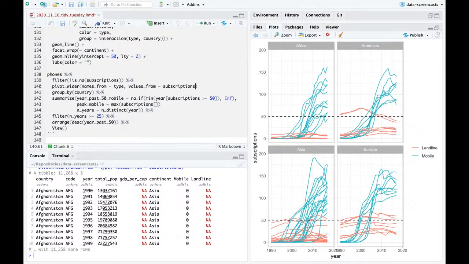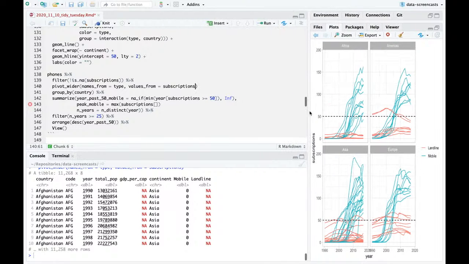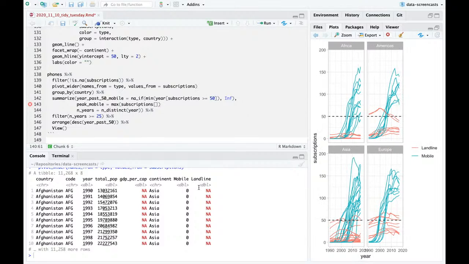And do I fill in NAs? I don't think I fill NAs. No, I shouldn't fill NAs. I shouldn't fill anything.